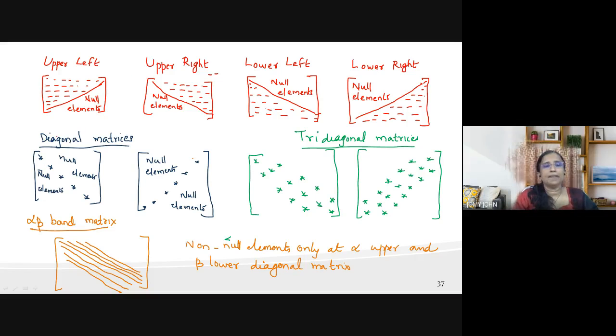Okay. Then diagonal matrices. Values will be only in the diagonal. This is a diagonal matrix. Just like this: 2, 0, 0, 0, 2, 0, 0, 0, 5. This is a diagonal matrix. The value is only in the diagonal. The diagonal can be like this or like this.